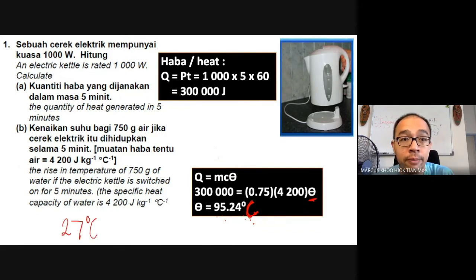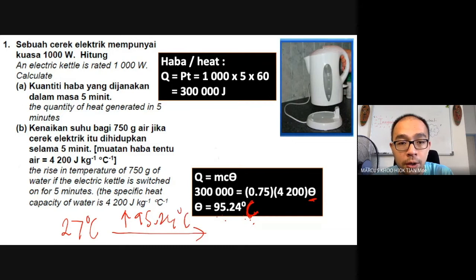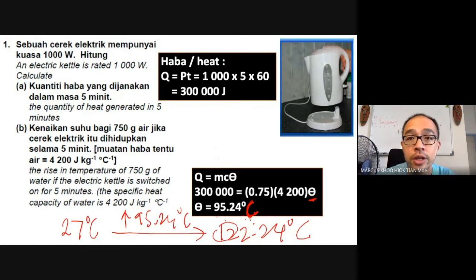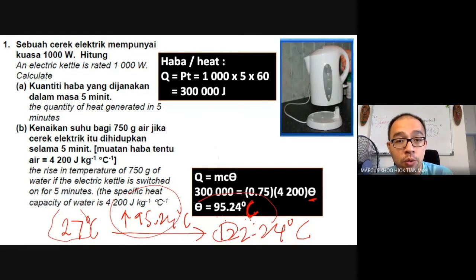So if you heat it and it increases 95.24, how much is this going to be? The water is going to reach a temperature of 122.24 degrees Celsius. 27 plus 95.24. So this is what this 95.24 means, increase in temperature.